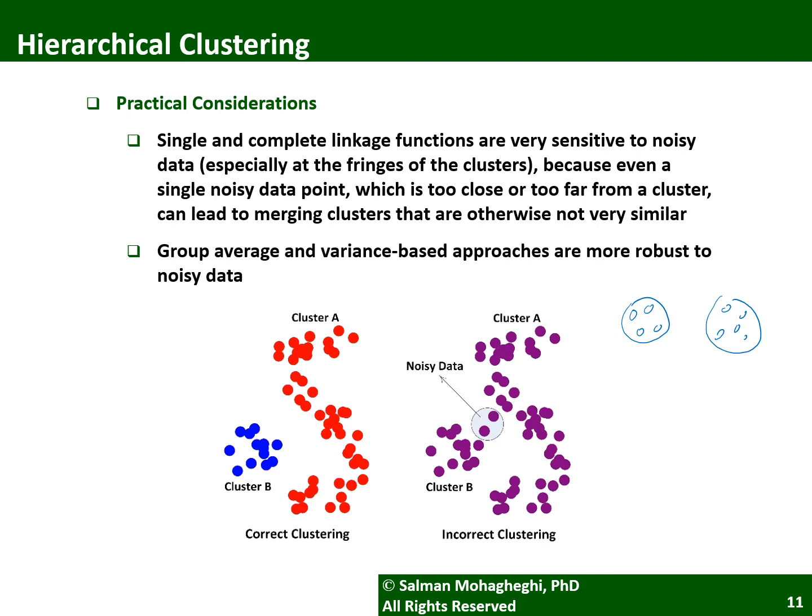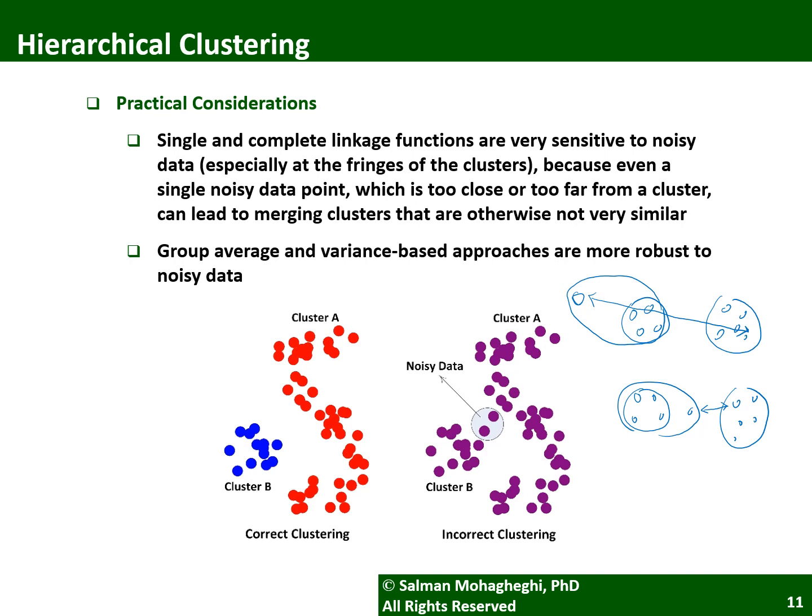You can use single linkage, you can use complete linkage, and so on. However, if one of the clusters has an outlier here, for example, this is your cluster, then all of a sudden it will significantly affect the complete distance. Or if the cluster has an outlier, so this is my main data points, and then I have an outlier here, it will significantly affect the single linkage. So that's something that you have to keep in mind.